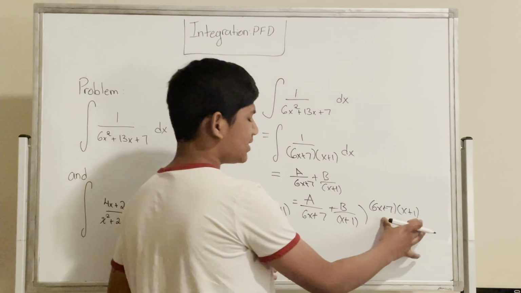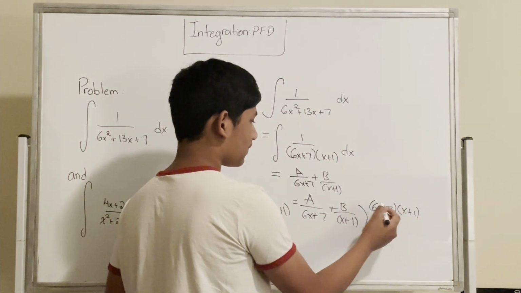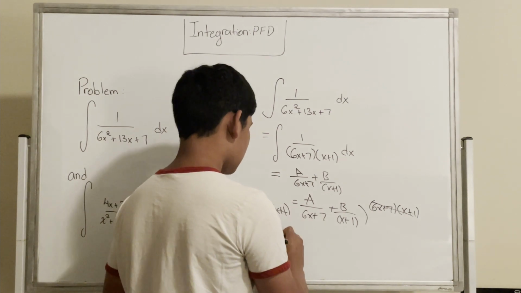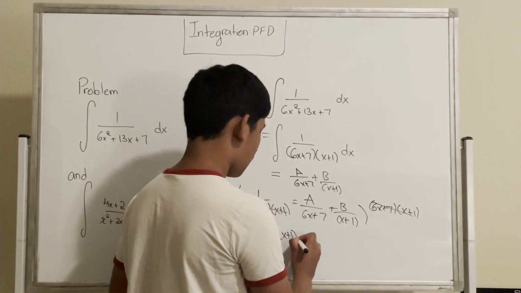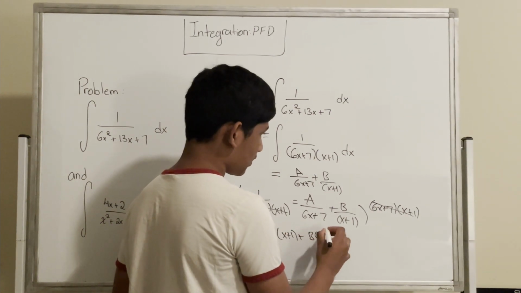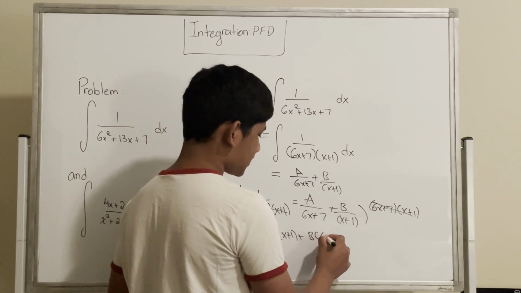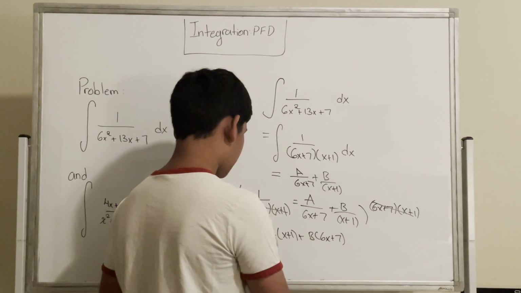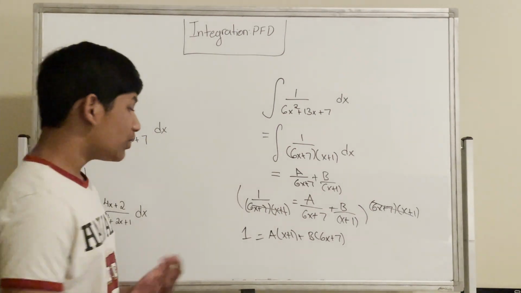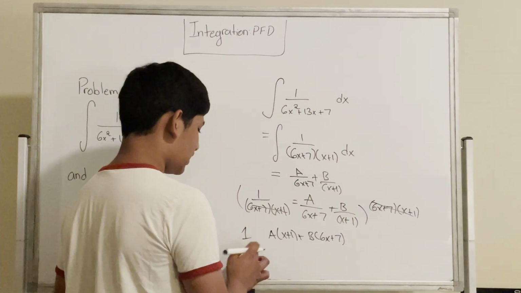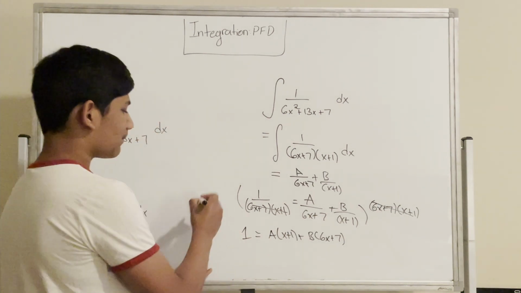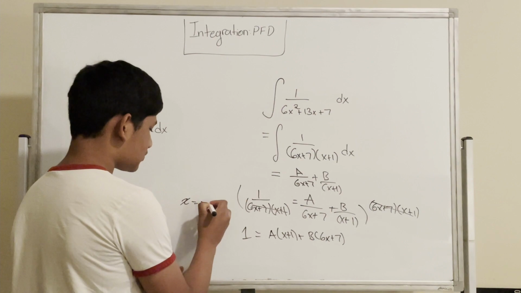As you can see, if we multiply by this expression, we will cancel these out, and we get A(x + 1) + B(6x + 7) = 1. Now we can plug in values to find A and B, so that's what we'll do right now. So let's set x equal to minus 1.